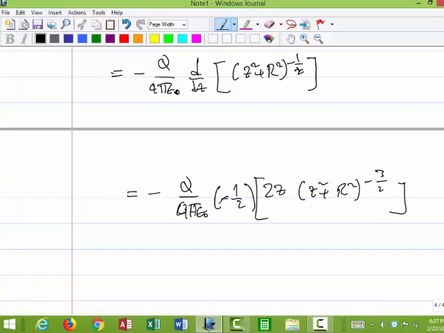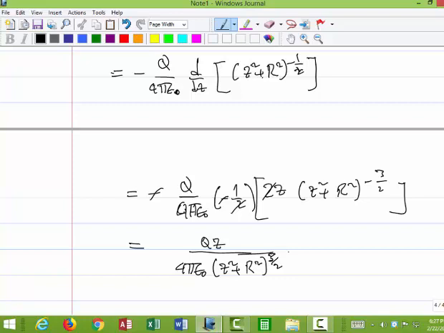The negatives cancel out. You can remove one of these 2's, and then you should have Q z over 4 pi epsilon naught, then z squared plus r squared to the 3 over 2.